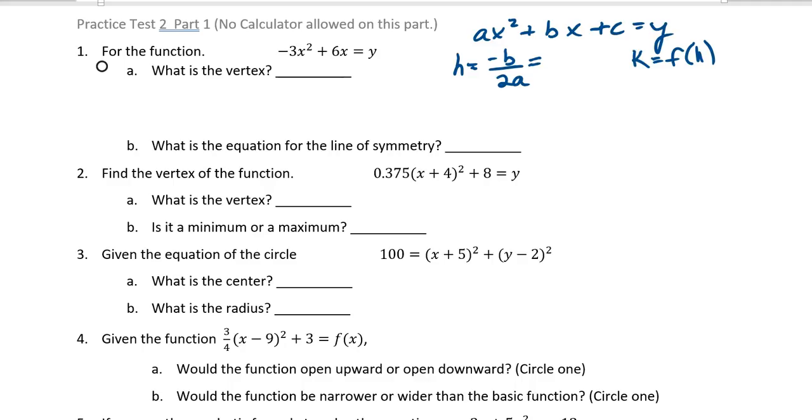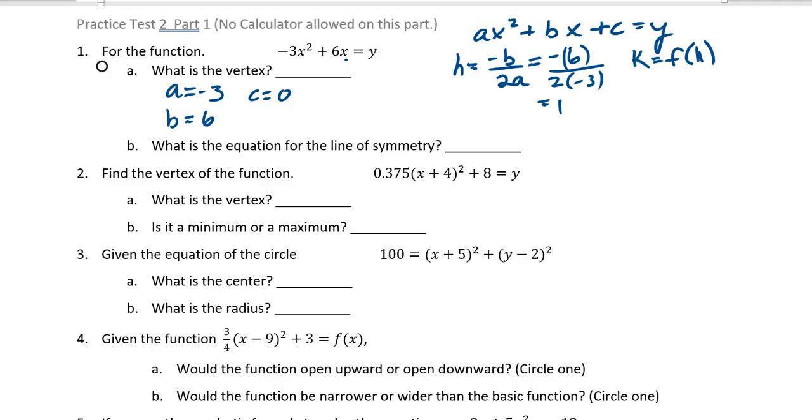So in our problem, a is negative 3 and b is 6. And if you notice, there is no constant. There's no number by itself, so c is 0. So our b will be 6, and our a will be negative 3, and I get 1.